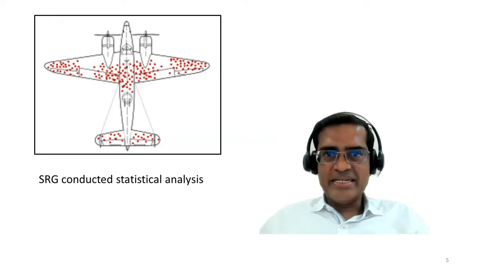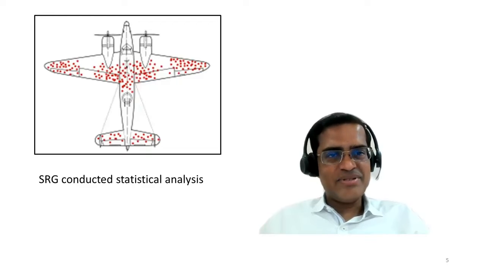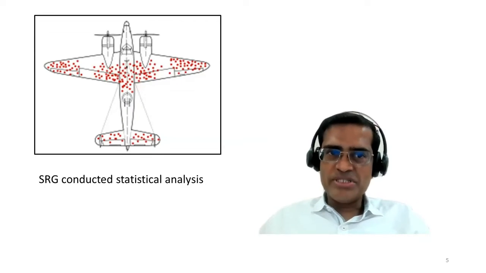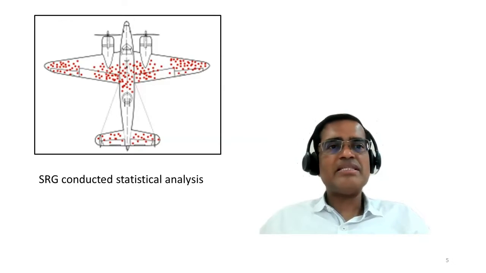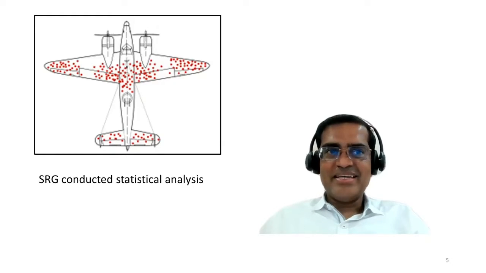SRG conducted a statistical analysis of the bullets received by the planes returning from the battlefield. By mapping out the bullet holes, they found that their planes were receiving the most bullets on the wings and tails. The engine was spared.